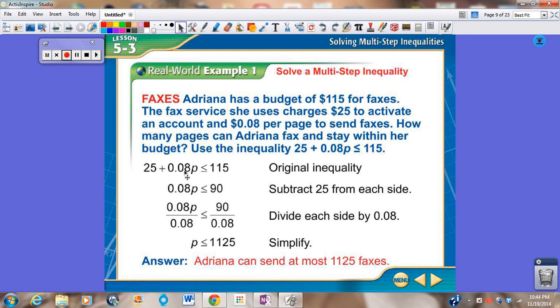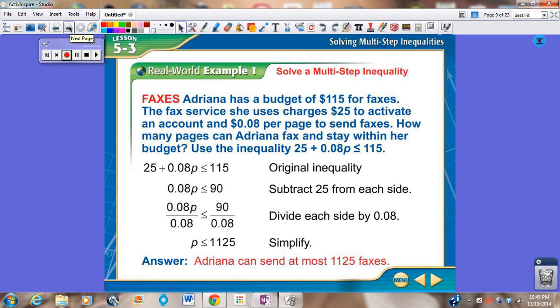You can't subtract it from here because it doesn't have a p. So you subtract it here and you get 90. Then you're going to divide both sides by 0.08, which is what they did next, and you get that p is less than or equal to 1,125. That means the most faxes she can send is 1,125, and they've actually stated that for you there. Okay?